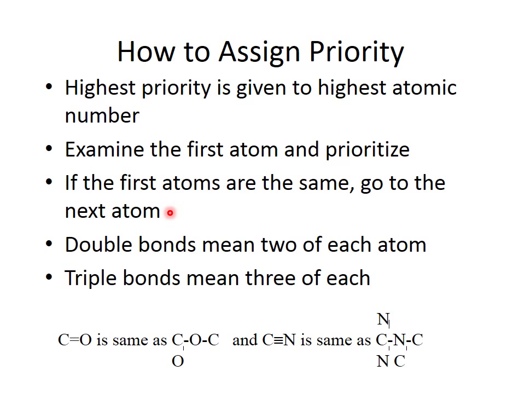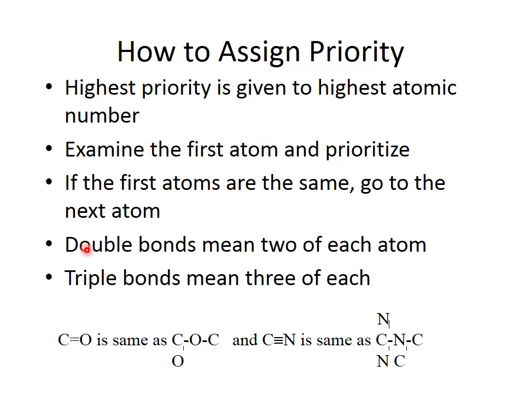There can be 3 atoms attached if it's like a carbon, or if it's an oxygen, there's only going to be 1 group attached. If there's a nitrogen, there's going to be 2 groups attached. So what you have to do is look at the first atom and get those priorities set up. Then you look at the next atom if you find any 2 are the same.